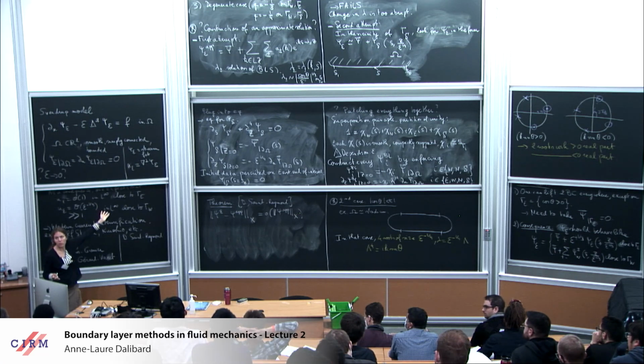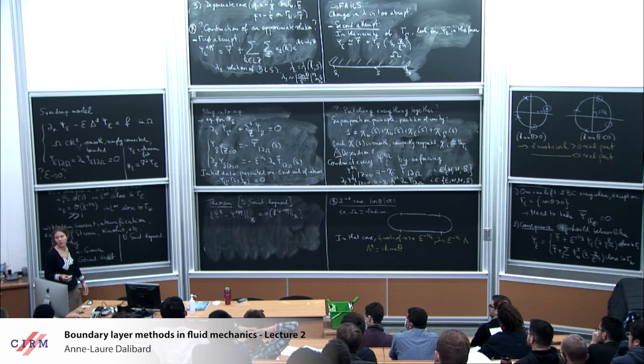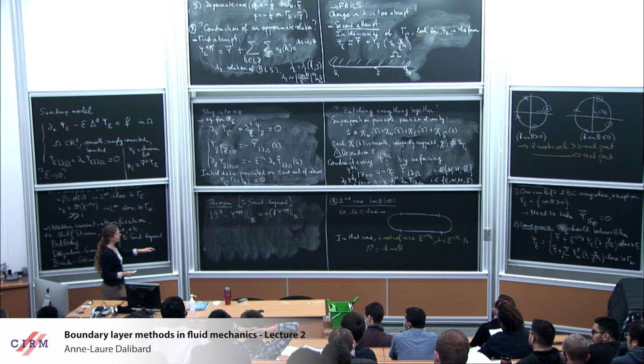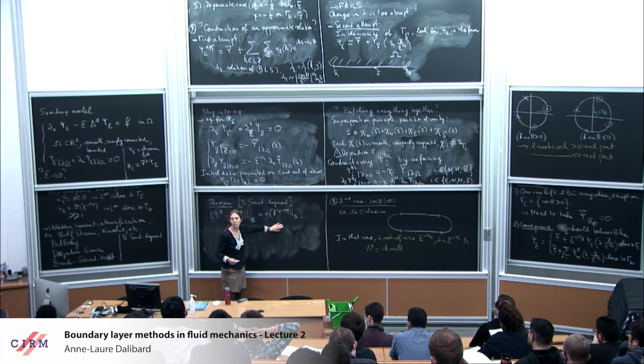But that is small. So typically you can treat that in a perturbative fashion. As long as f is smooth and everything, that's the type of thing that we put in the right-hand side.